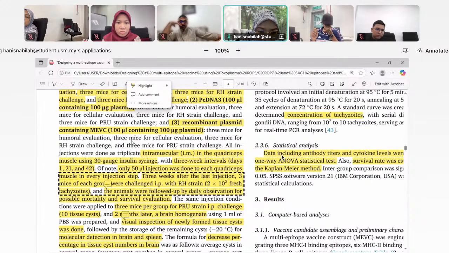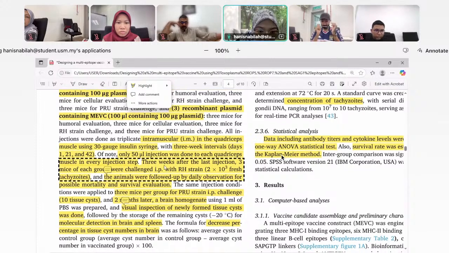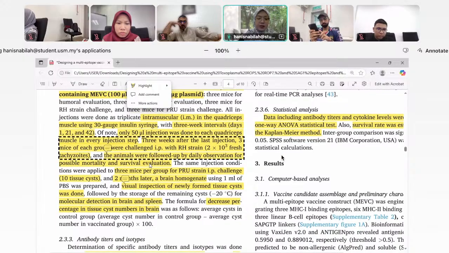For the third group, challenged with the Toxoplasma RH strain after 3 weeks from the last injection, they will check the survival rate and the symptoms of the disease.